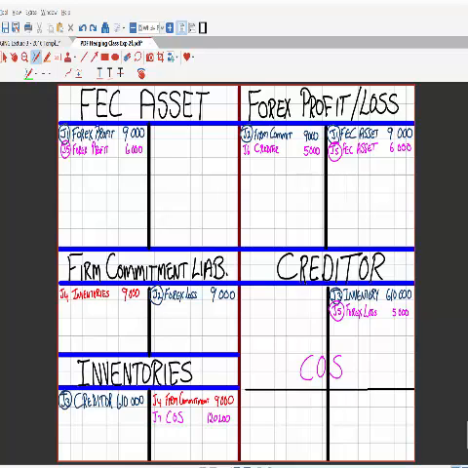And remember, let's recap. Your profit that you make on the FEC, you will take directly to profit and loss for the period. And on the other hand, you've got the firm commitment calculated on the same basis, and the adjustment in the firm commitment in this case is a loss of 9,000, so therefore you will debit profit and loss and you credit firm commitment.